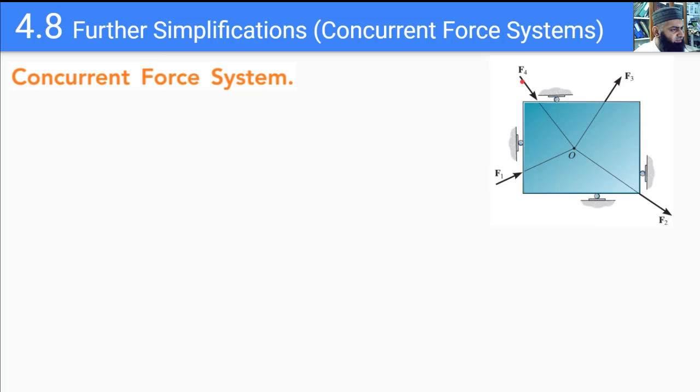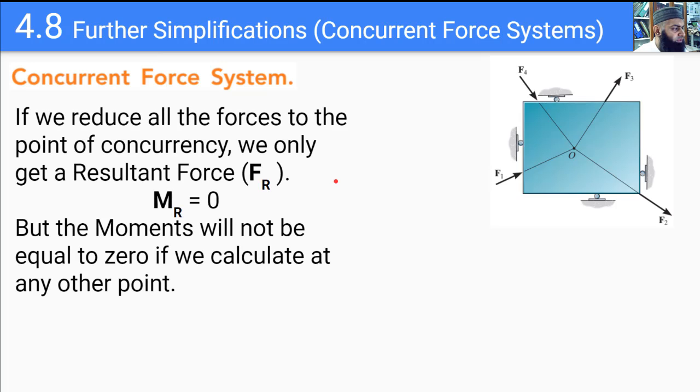In this example we have four forces, F1, F2, F3 and F4, and the line of action of each passes through this point O. This is a special case that is not always true; a general force system would not have this property. But for this special case, if we find the resultant force and resultant couple moment at point O, the resultant couple moment would be equal to 0.